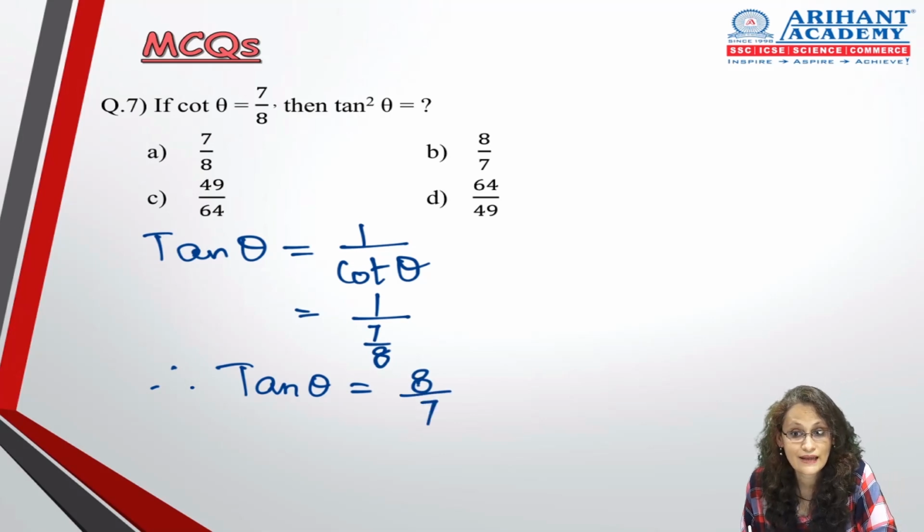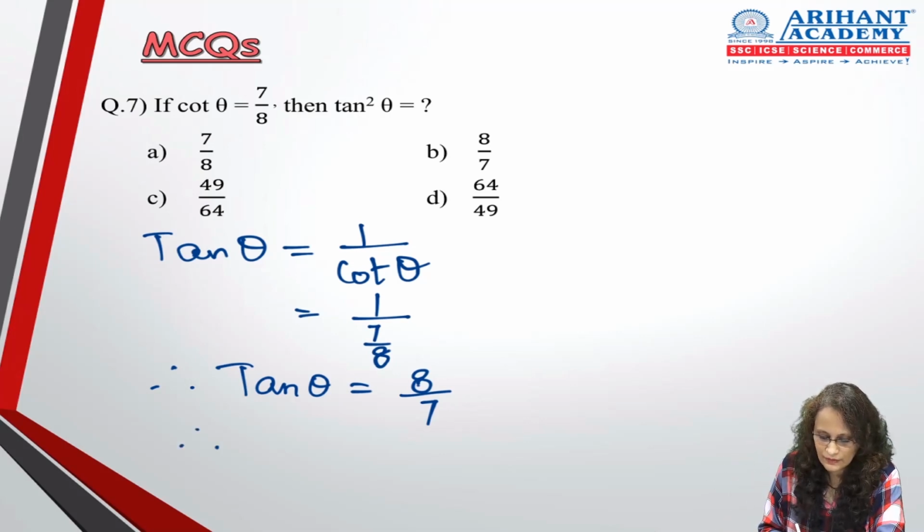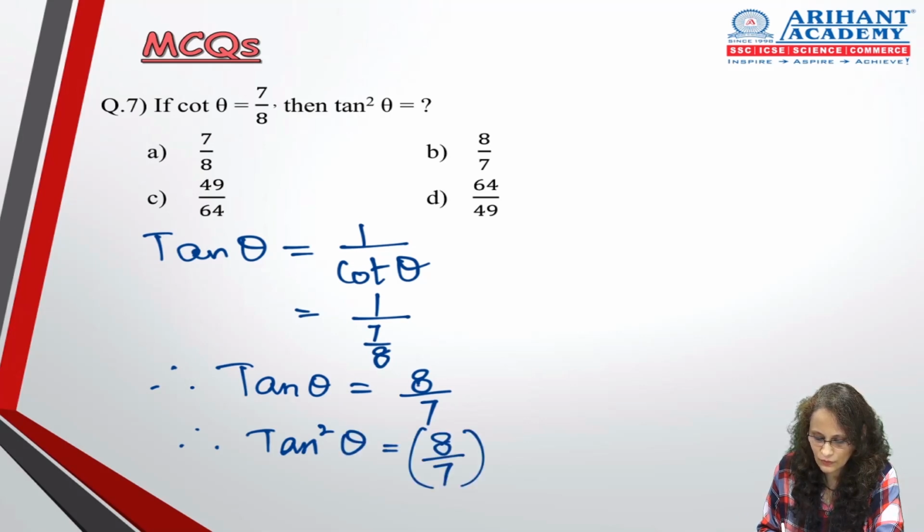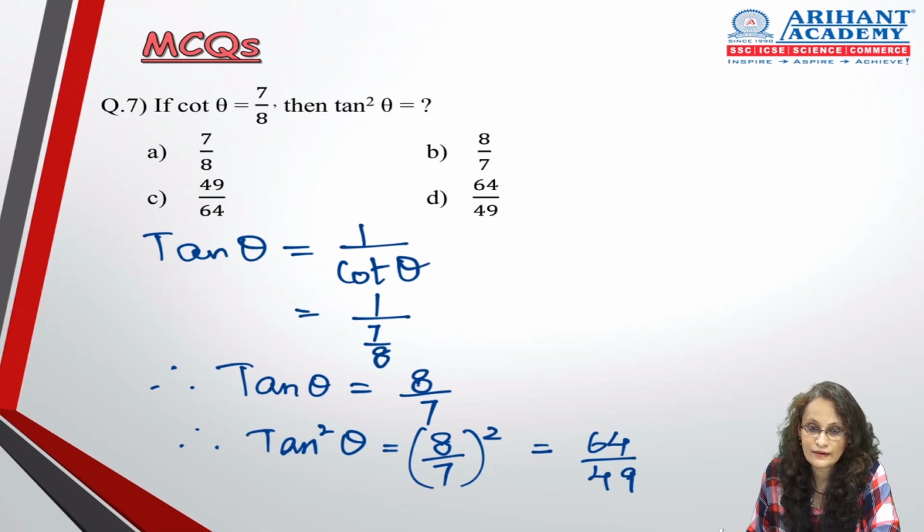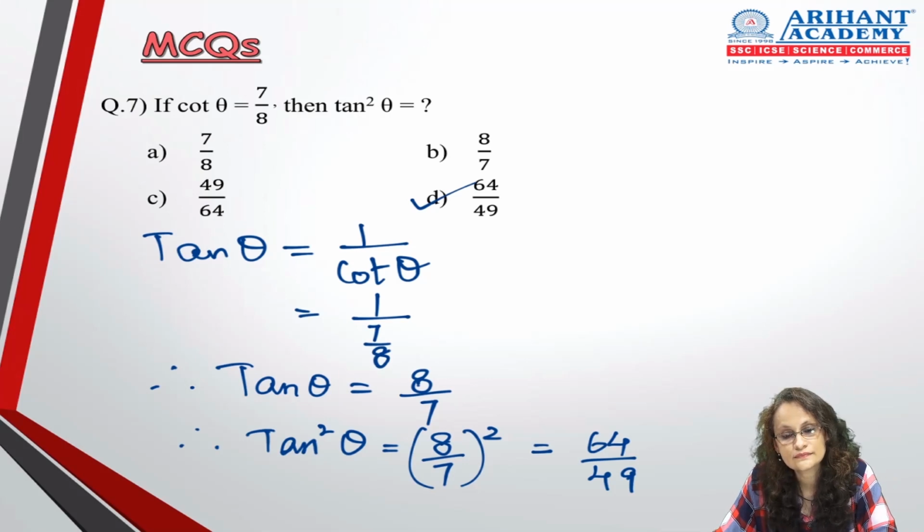But I don't want tan, I want tan square. So tan square theta will be 8 upon 7 the whole square, which will be nothing but 8 square is 64, 7 square is 49. And we got our answer, option D. So these are very simple and basic MCQs which will easily help you to crack your CET. Okay?